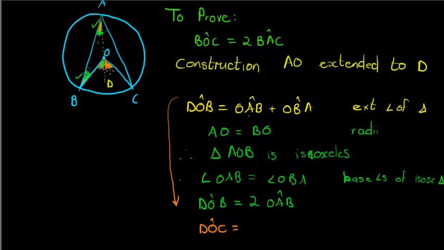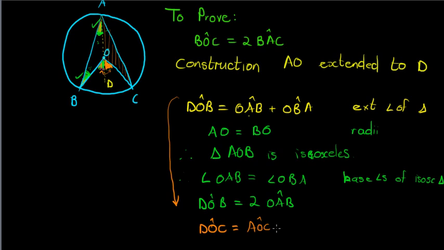No, these two angles aren't equal. Look, this is the exterior angle. This is the triangle. Can you see which triangle I'm working in? I'm now in this triangle, AOC. So DOC is equal to AOC.